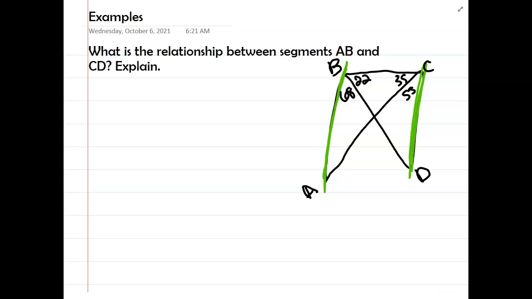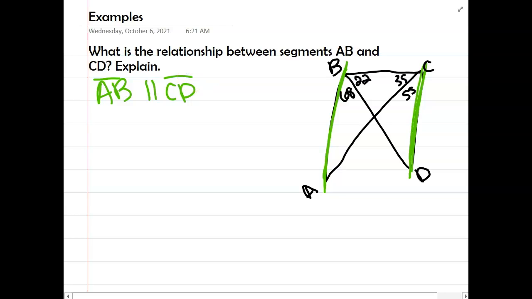Now, we could probably make an educated guess, right? What would you guess we could conclude about AB and CD? I'm going to guess they're probably parallel, and you're probably right, but we have to back this up with math. So let's say segment AB is parallel to CD.